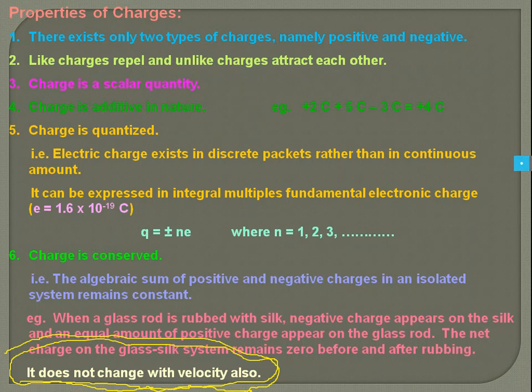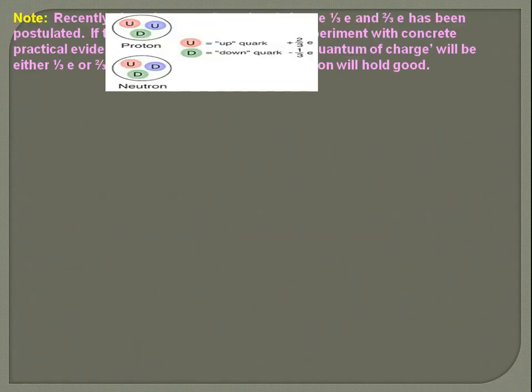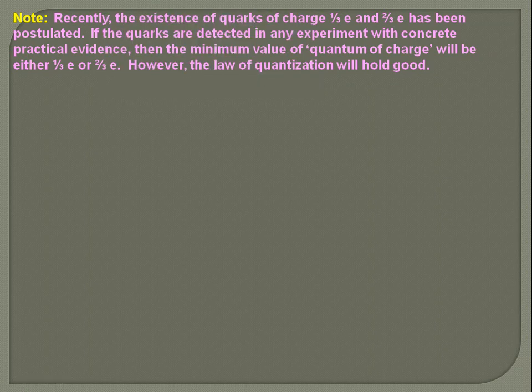There's one thing you have to remember. Although we say that a fraction of charge is not possible, meaning you cannot have a fraction of electrons, in recent studies it has been seen that charge can be in a discrete format. This is the latest, modern physics.